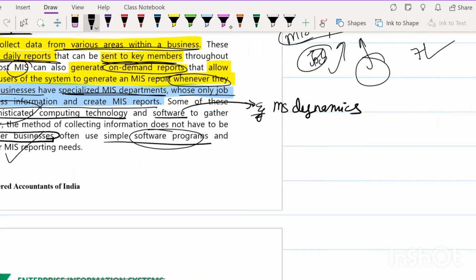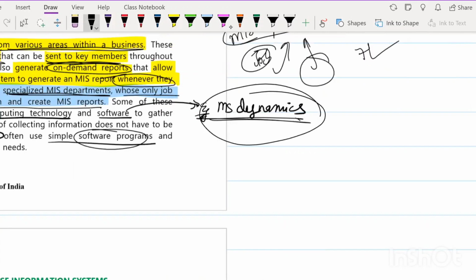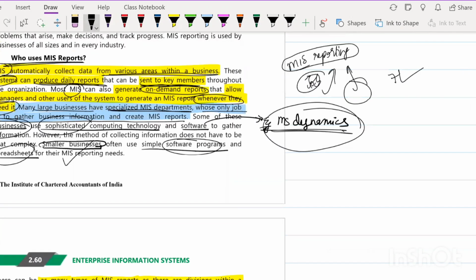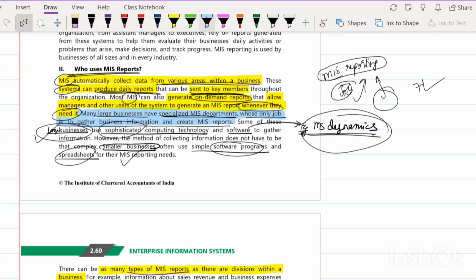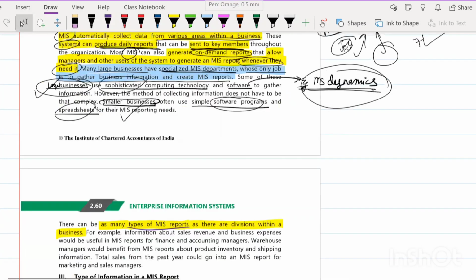One example is MS Dynamics. Large companies use MS Dynamics, a software which generates reports automatically with all the information that has been fed into the system. So this is who uses the MIS reports.